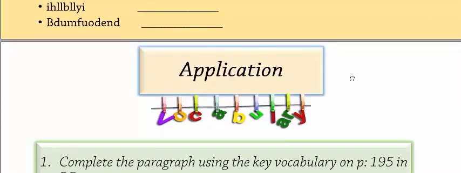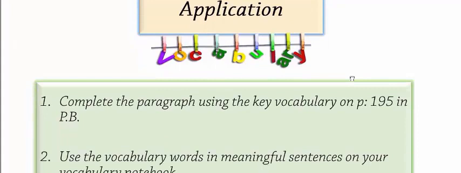Now, please pause the video, go and prepare your practice book. Open page 195 in your practice book and complete the paragraph using the key vocabulary on page 195 in your practice book. So you have to fill the missing words from the vocabulary words.